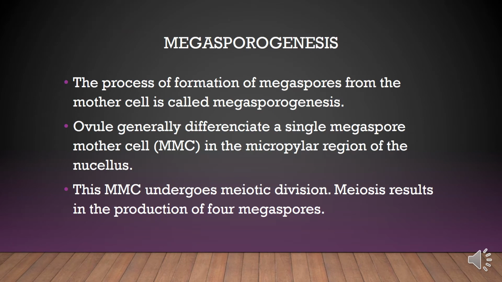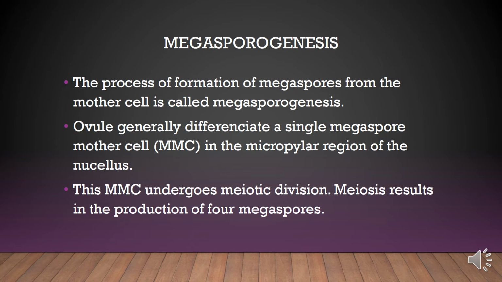Now next is megasporogenesis. The process of formation of megaspores from the megaspore mother cell is called megasporogenesis. Ovules generally differentiate a single megaspore mother cell, we can say MMC, in the micropylar region of the nucellus.